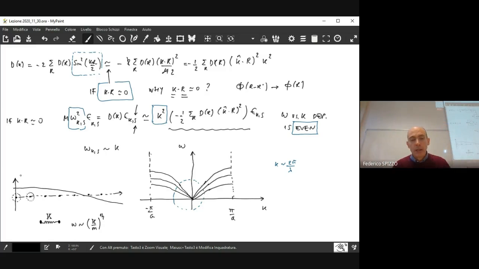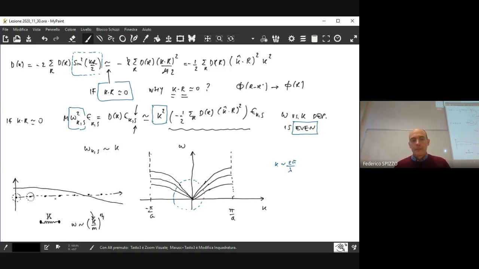Or in other words, it's just as if the spring is not stiff, because the relative displacement of the two masses is nearly zero. So the spring is not subjected to an external force that compresses or extends it, but those two masses are nearly in the relative equilibrium position. So in this situation, it's just as if the elastic constant of the spring was very small, so the frequency goes to zero.